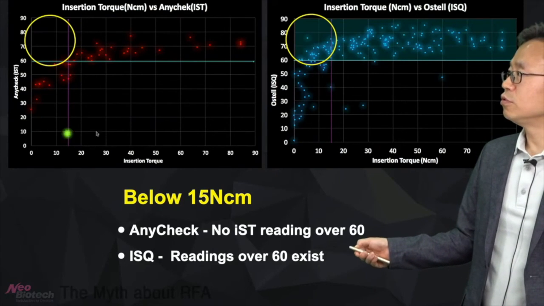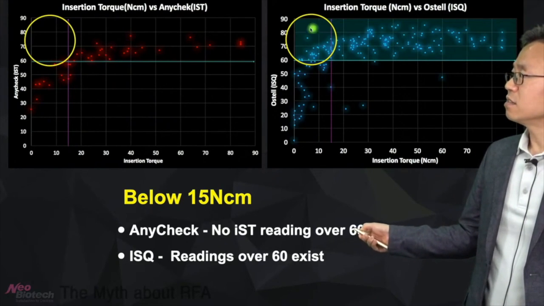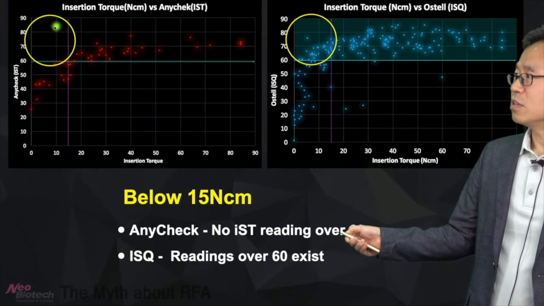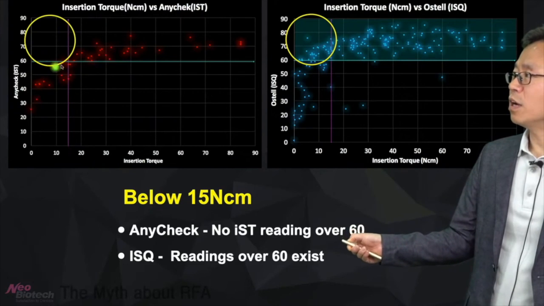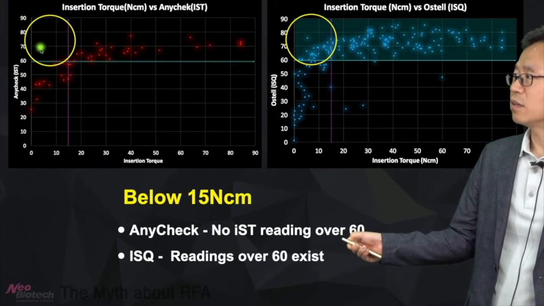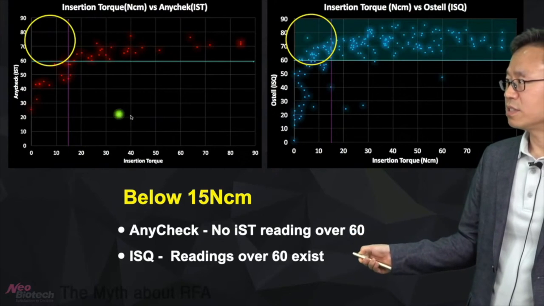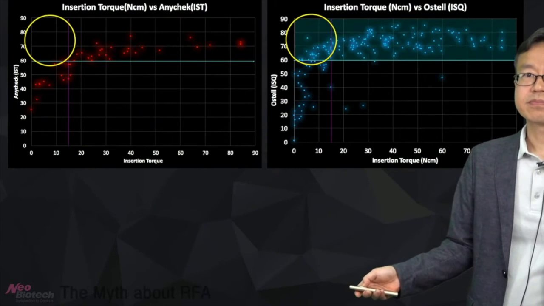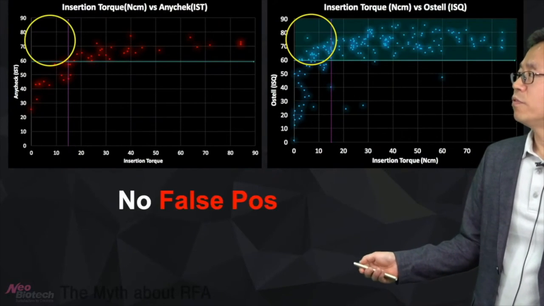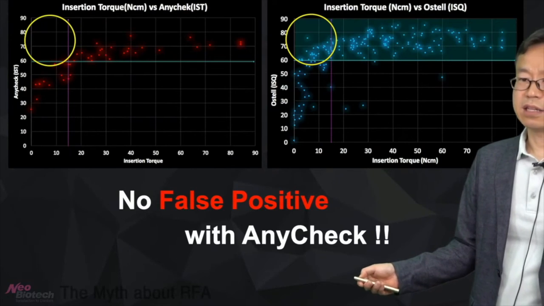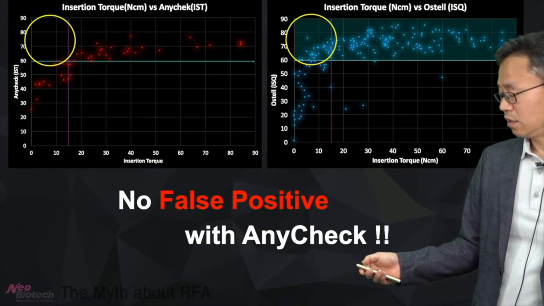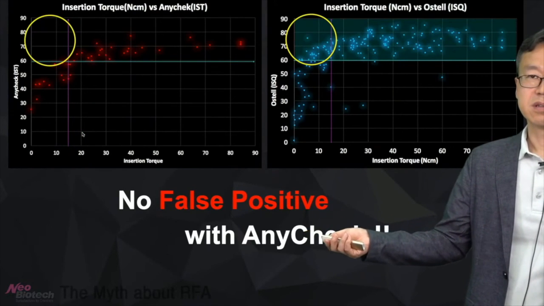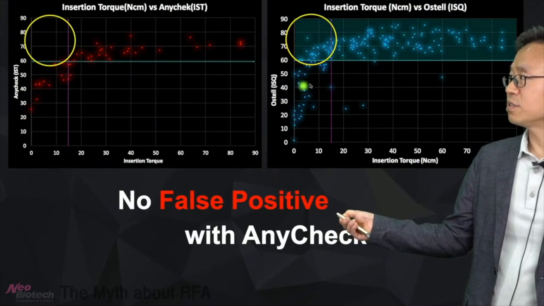You do find readings above 60 with Osstell, but no AnyCheck reading above 60 for the same insertion torque, which means there's no false positive reading with AnyCheck. It does not give you false measurements, whereas Osstell can.